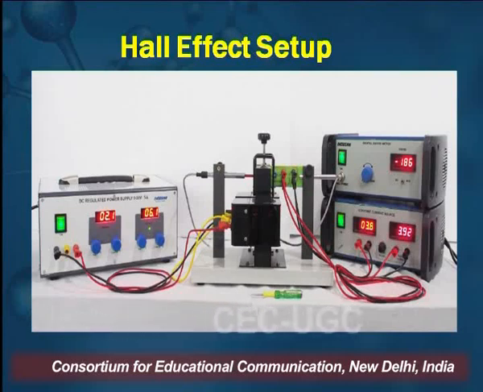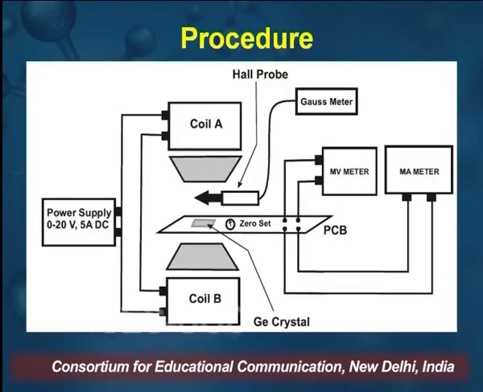The magnetic field is represented by B, and that will be fixed, that is 1500 Gauss. Now we change the current Ix by some value, maybe 1, 2, 3, which you have to fix, and then we change this current and note down the voltage developed, that is the Hall voltage. So Ix and Vx we can note down. This is the procedure of how we perform this experiment.